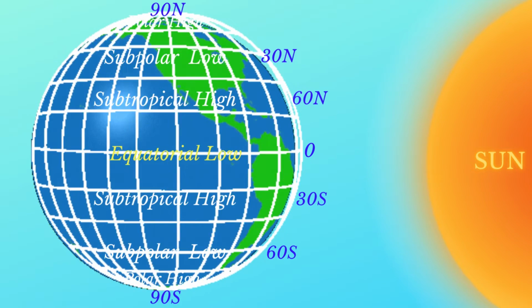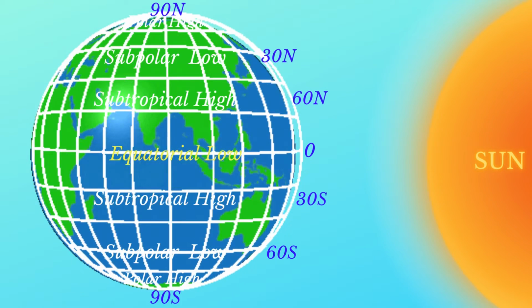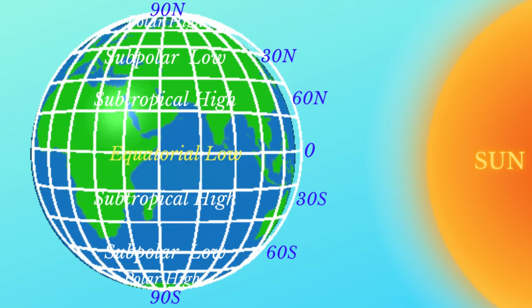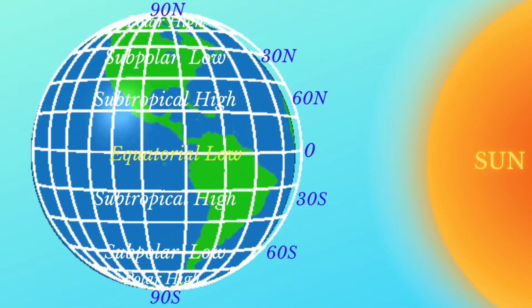Since each area of high pressure is adjacent to an area of low pressure, a number of pressure gradients have been created. And remember, we said that pressure gradient is the initial force that causes winds.